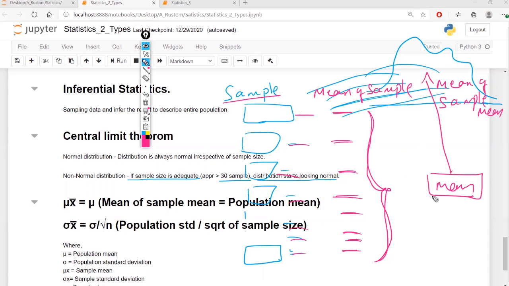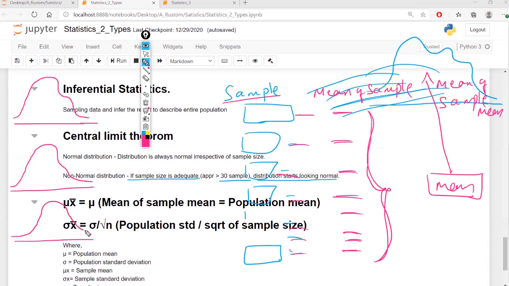So how does it look? Let me draw here. When I take a sample and plot a graph, it slowly looks like this. Again, I take a mean and plot the data, and it is something like this. If I continue, slowly it will start looking like a normal distribution. So that is what I'm trying to say: if the sample size is adequate, the distribution starts looking normal.